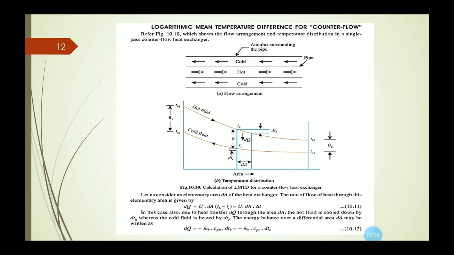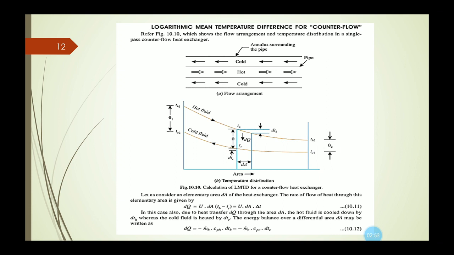Here in this diagram, in the temperature distribution diagram, you can see the hot and cold fluid, its inlet and outlet, and the temperature differences, that is theta 1 and theta 2 at the inlet and outlet, are given here. Okay, so let us consider an elementary area dA of this heat exchanger.